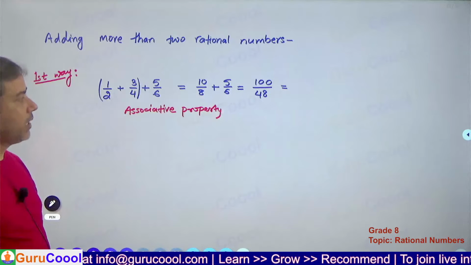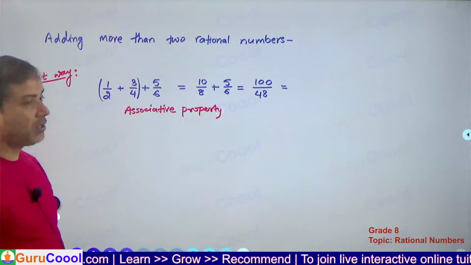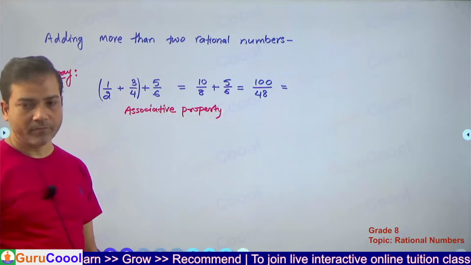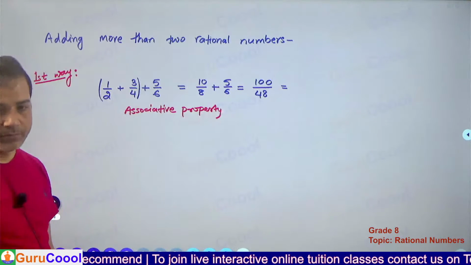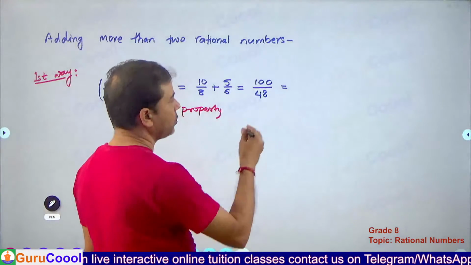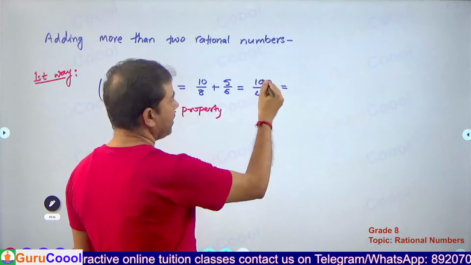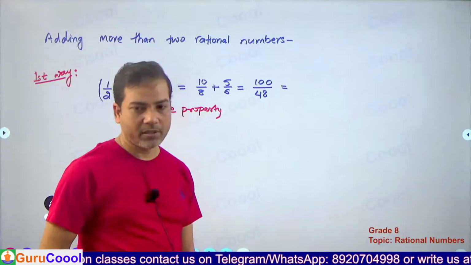Yes, sir. Now simplify this. If you think you can simplify, do it. Which number do you think will cancel out? Sir, we can cancel it by 4. By 4. Let's take a bigger number, not 2. A bigger number will make more sense.